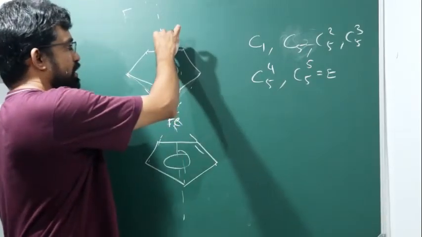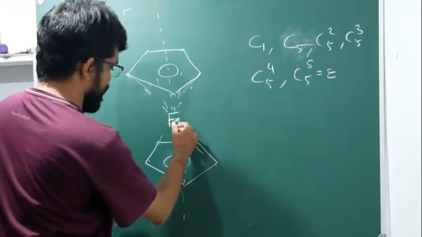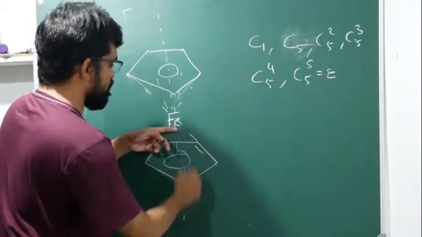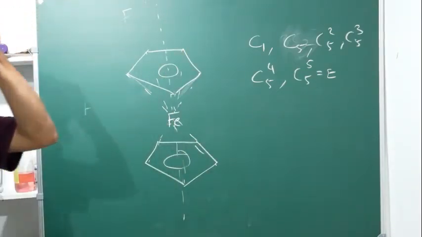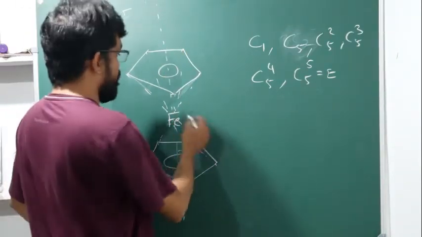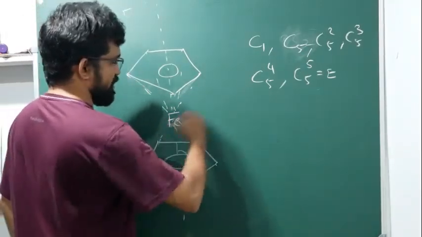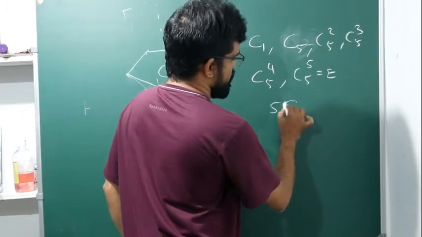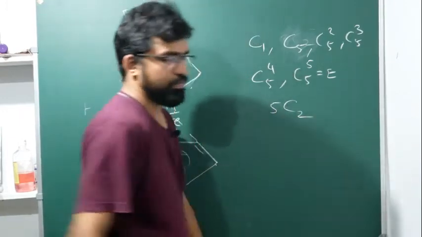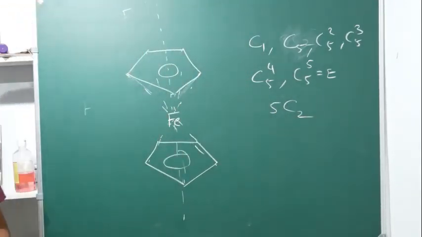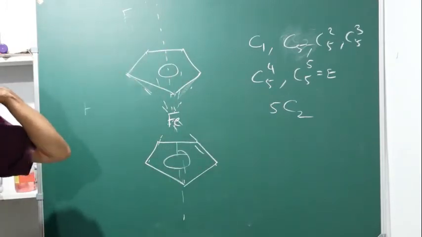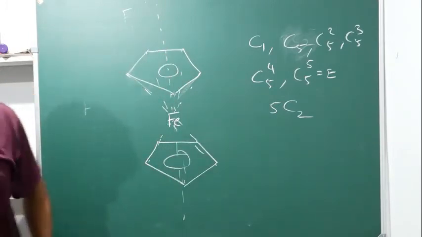Along this direction you can say this is a sigma v plane. So there are 5 such axes, 5 C2s.